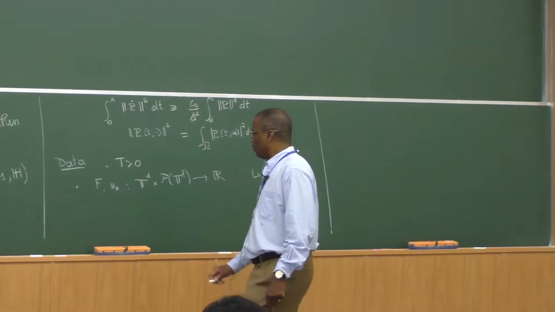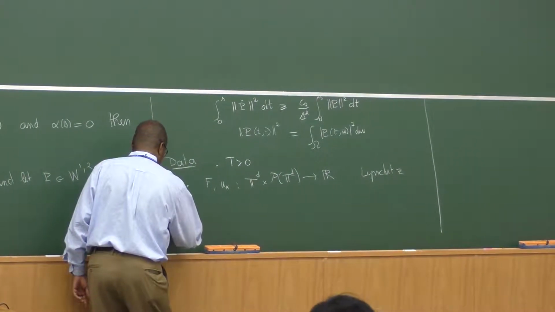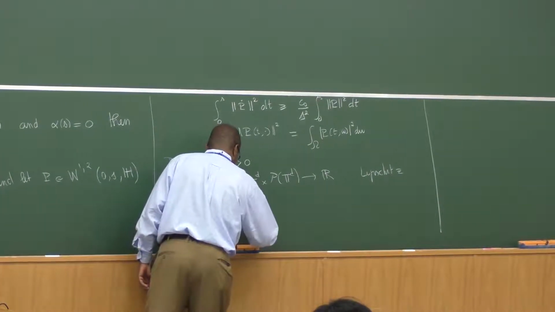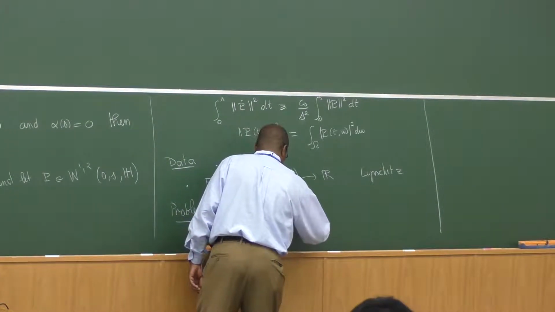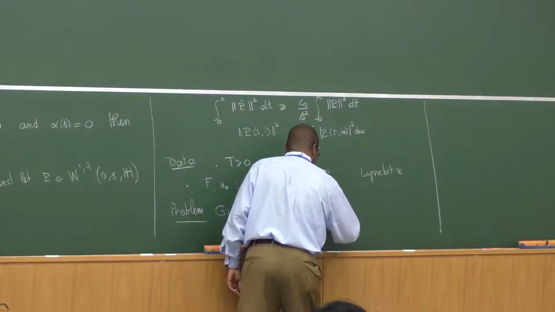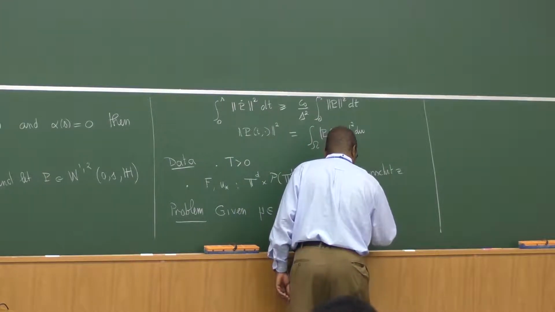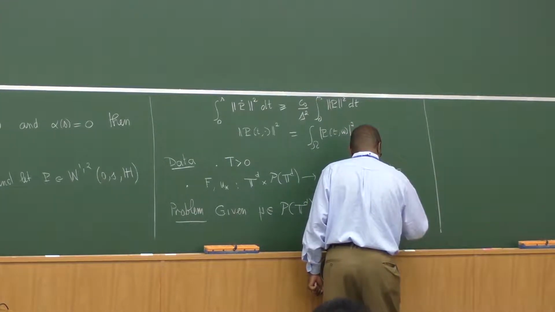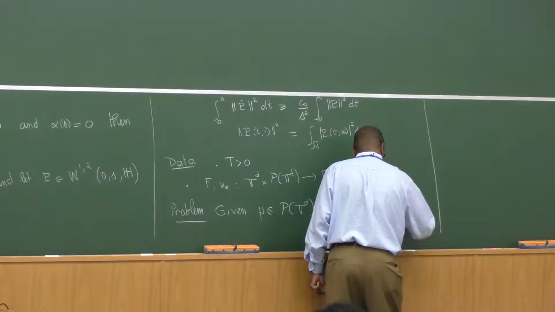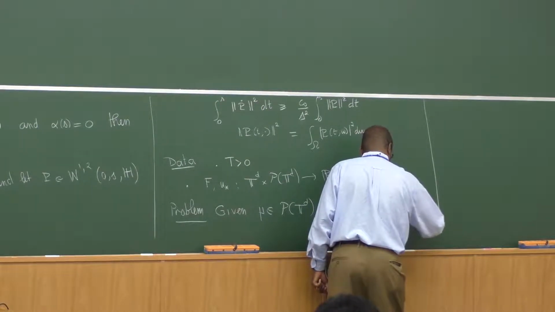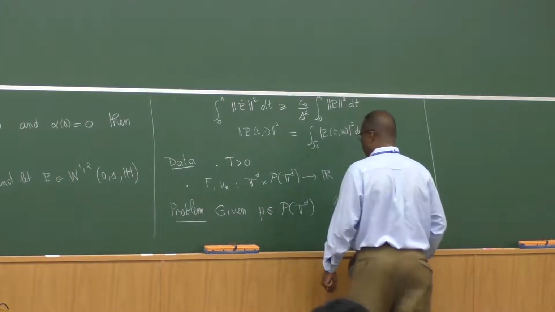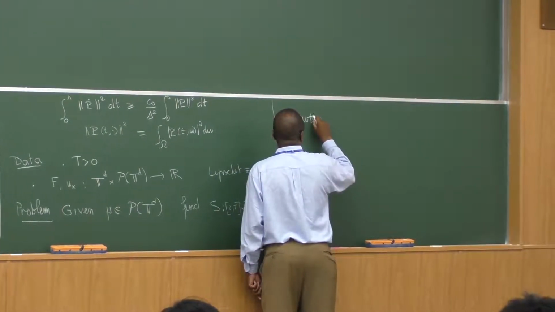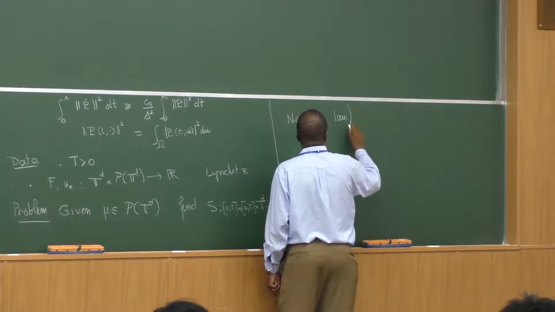So the problem: given a measure mu, a probability measure on the torus, we want to find S from [0,t] cross [0,t] cross the torus into the torus, such that the following Newton's law is satisfied.